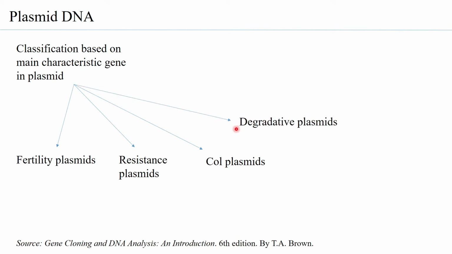Then you can also have plasmids which are called degradative plasmids. Degradative plasmids are those plasmids that have genes that can give rise to a product that can break down a particular polymer or particular recalcitrant product. So for example, you may have the TOL plasmids from Pseudomonas putida. These TOL plasmids are able to utilize toluene as an energy source.